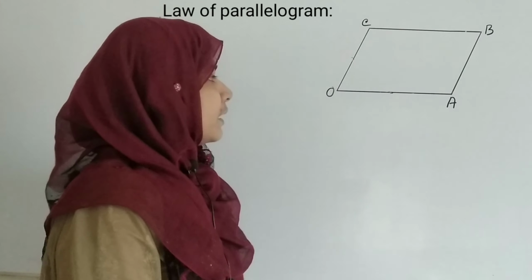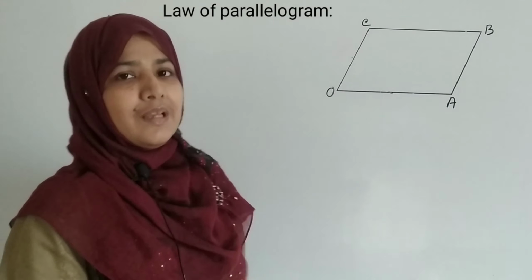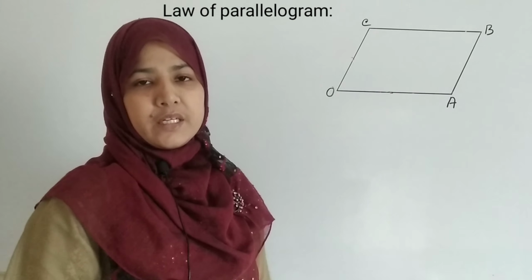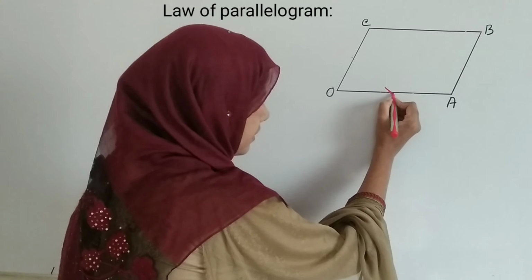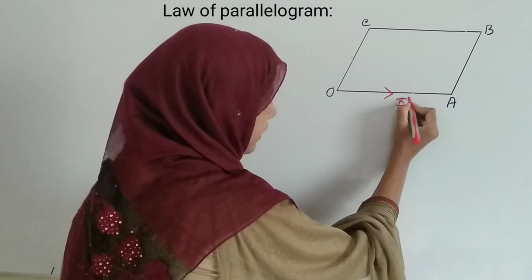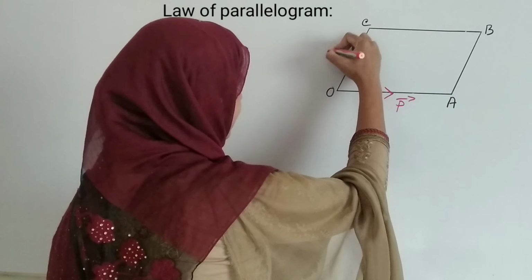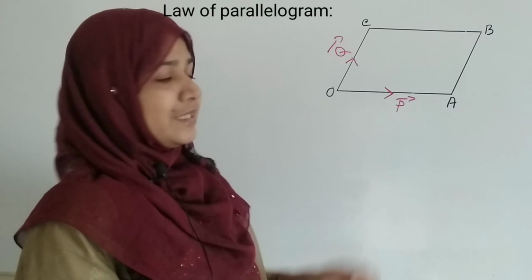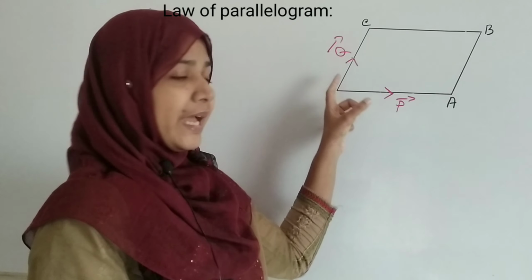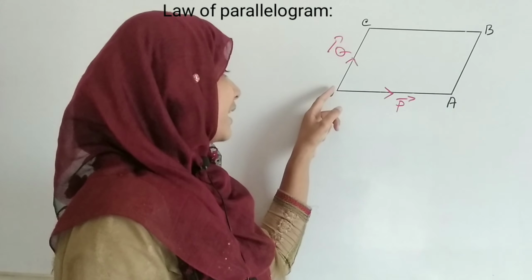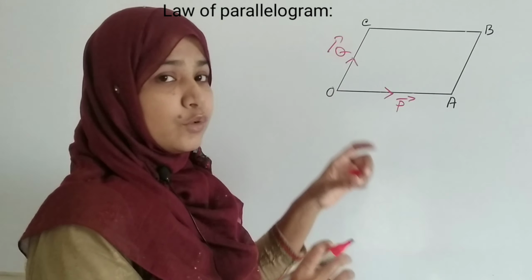If the adjacent sides of this parallelogram, OA and OC, denote two vectors, suppose the adjacent side OA expresses the vector P and OC denotes the vector Q, then the resultant of P and Q will act through the diagonal which we draw from the point where the two vectors are meeting.